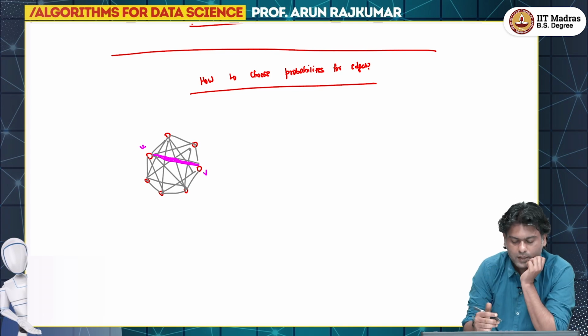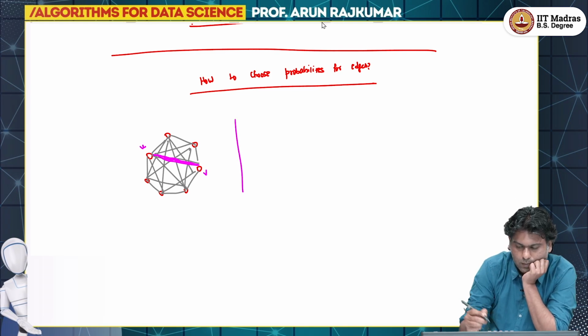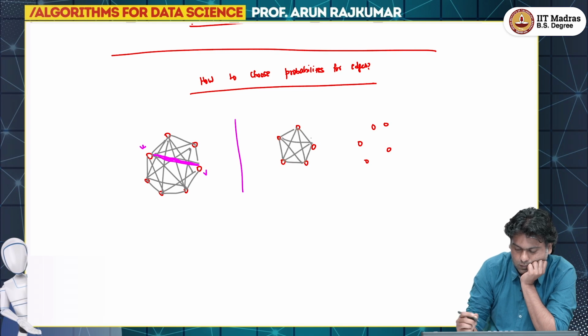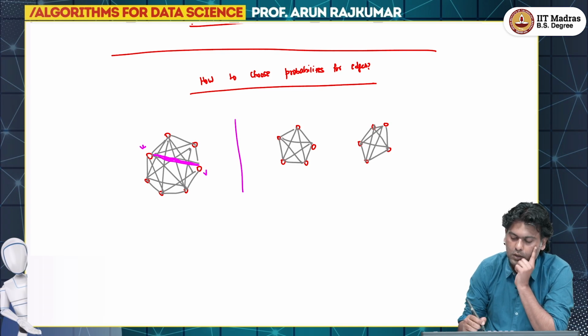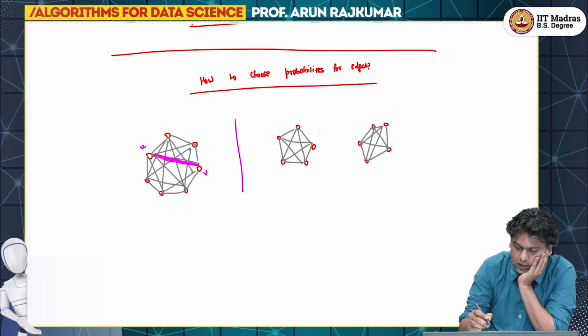On the other hand, let's say we have another setup where we have two such complete graphs, something like this. And now let's say there is this extra edge.